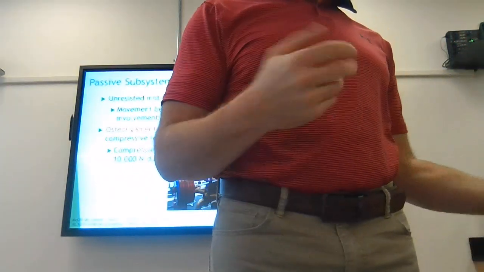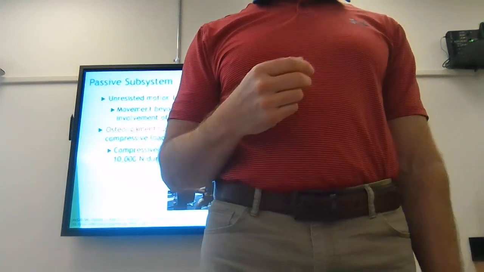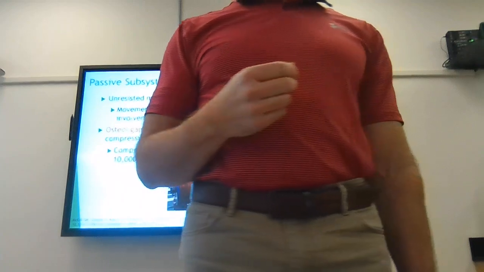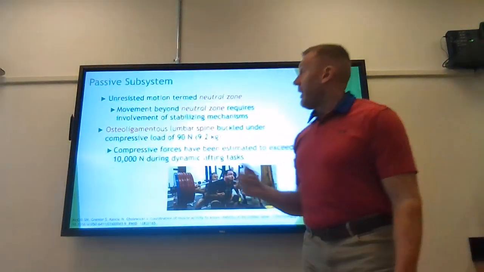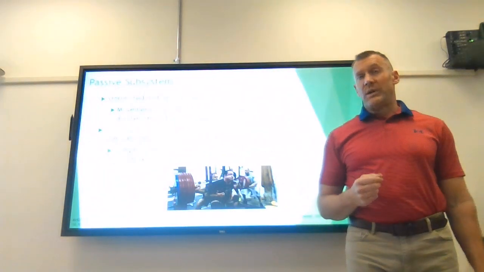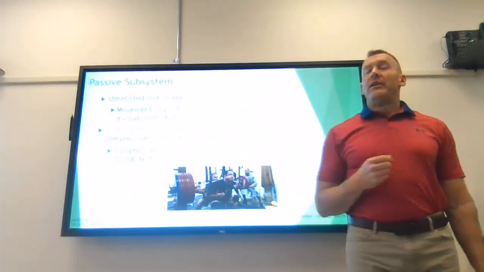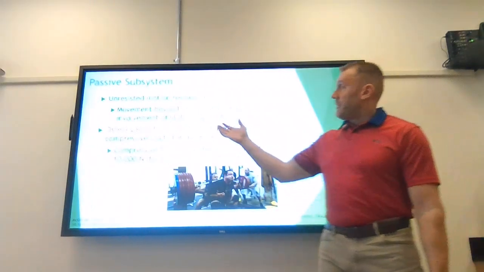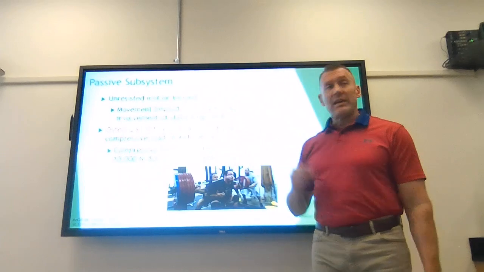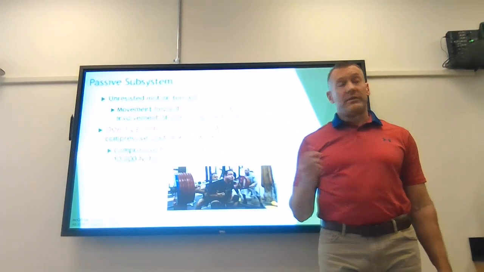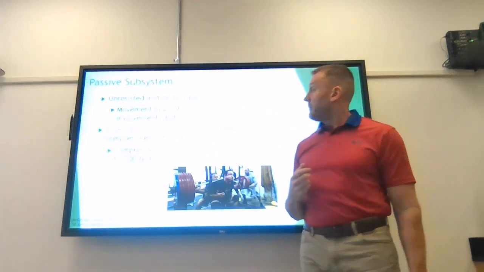So what do we have to have? In addition to all the passive tissues, the muscles. We have to have the right amount of muscle activation. That's why we have low back problems when muscles don't activate properly. When muscles don't activate soon enough, or don't activate in the right combination, then it's up to these passive tissues to stabilize. Even if it's just for a split second, that's long enough for you to hurt and sprain those ligaments.